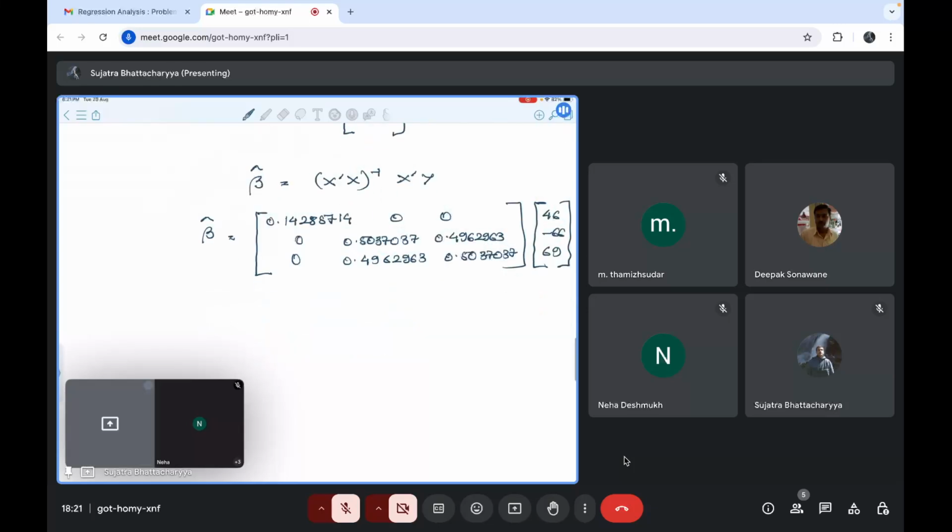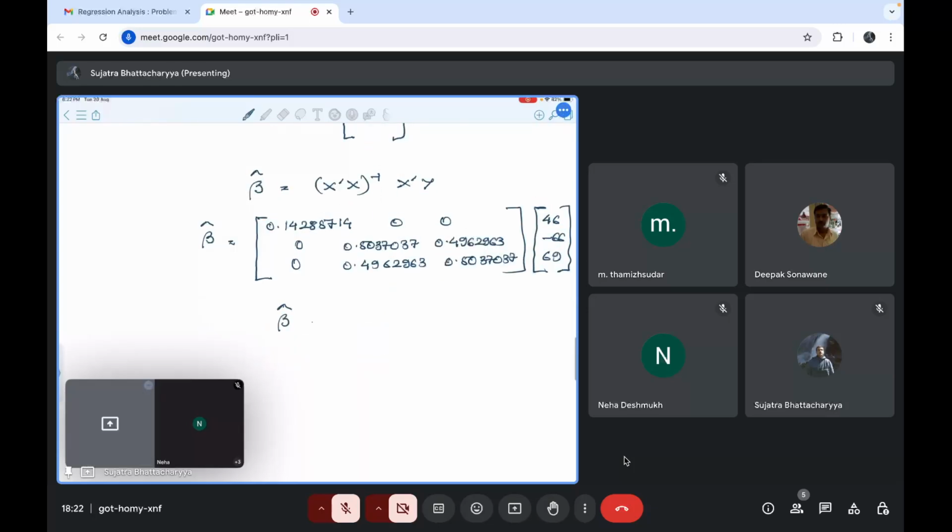Finally, if you calculate, your beta hat will come out to be about 6.5714, 1, and 2. So this is beta naught hat, this is beta 1 hat, and this is beta 2 hat.